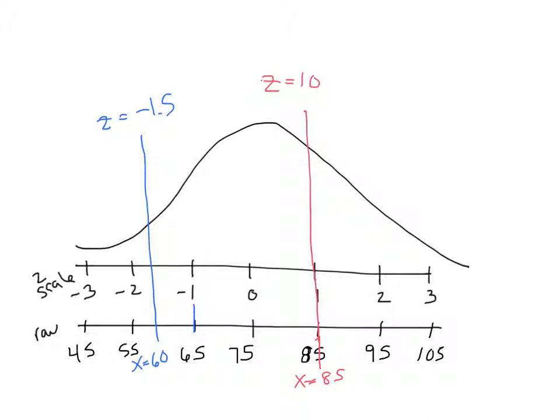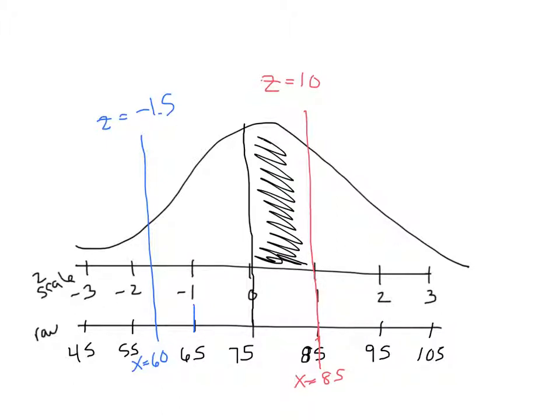Now our first job was to find the area between the mean and 85. So I'm going to slice that up and identify that in black. That's goal number 1. Our goal number 2 was going to be trying to find between 60 and 85.